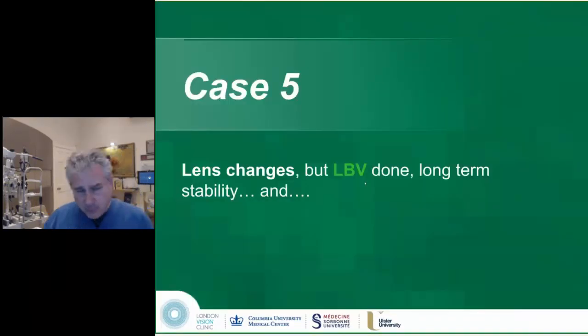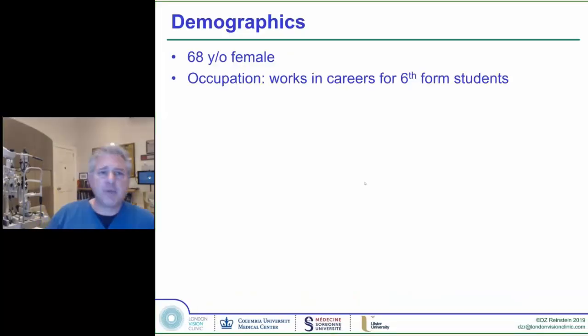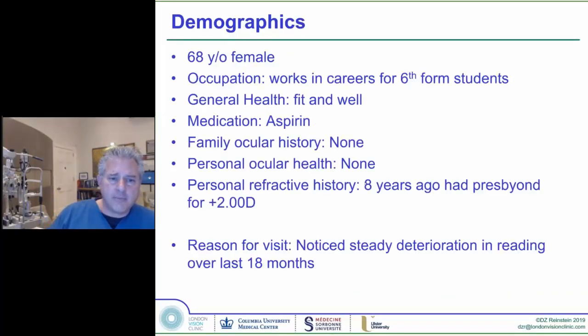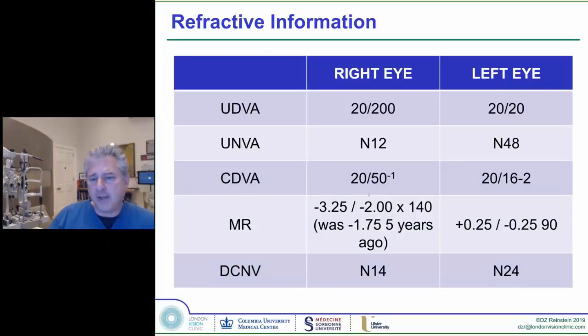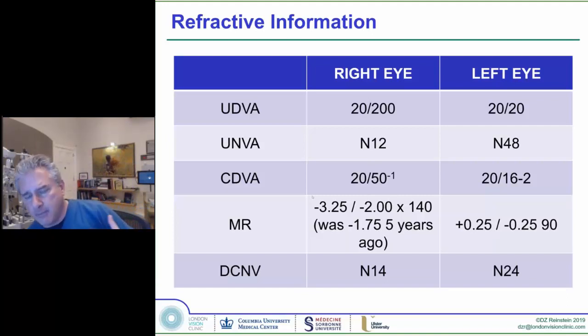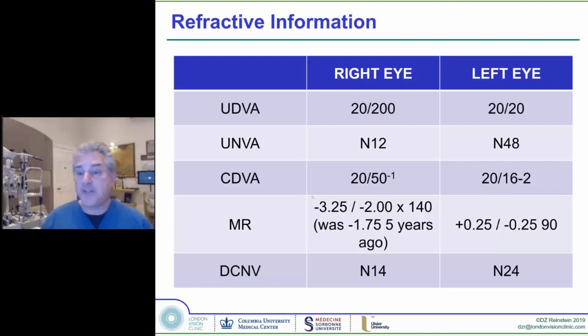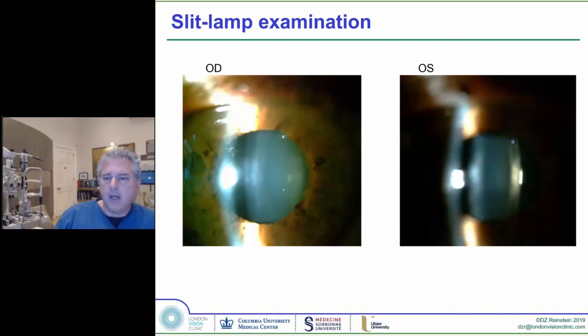So the last case here is a 65-year-old in whom we detected a myopic shift in the right eye with cylinder, and this was obviously due to lens changes.